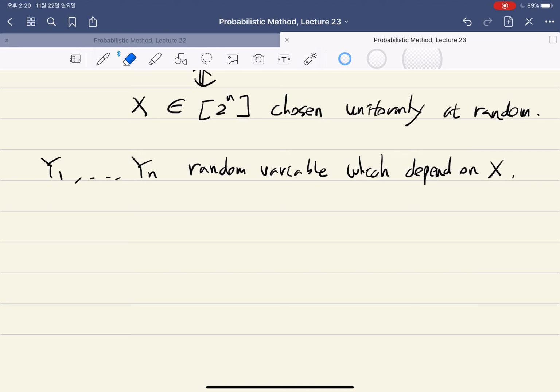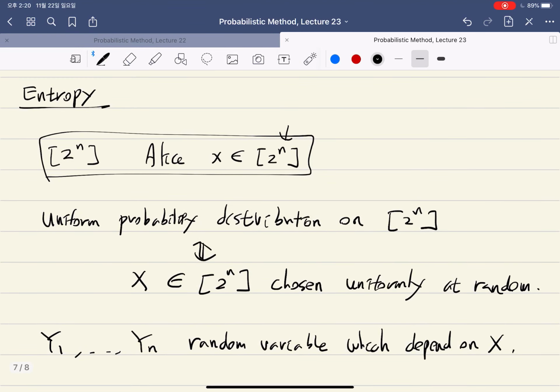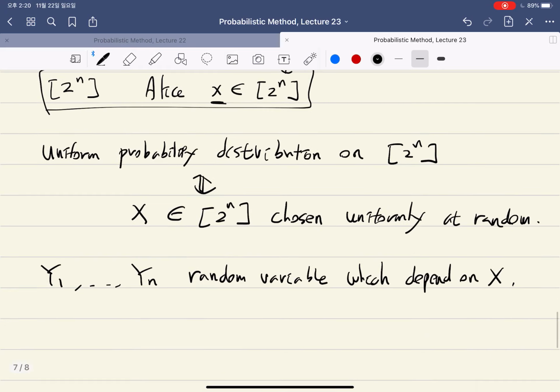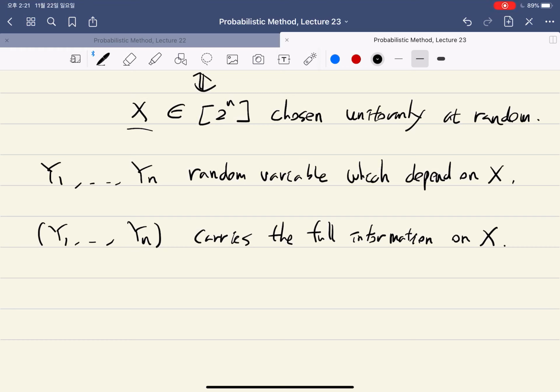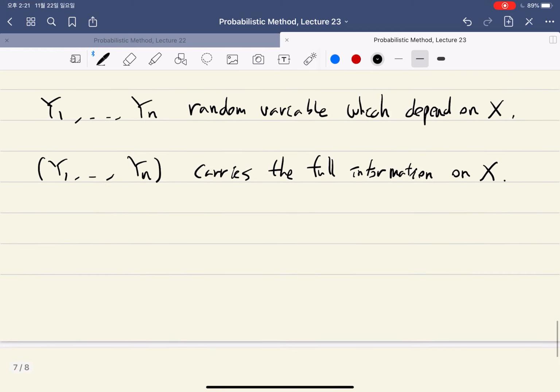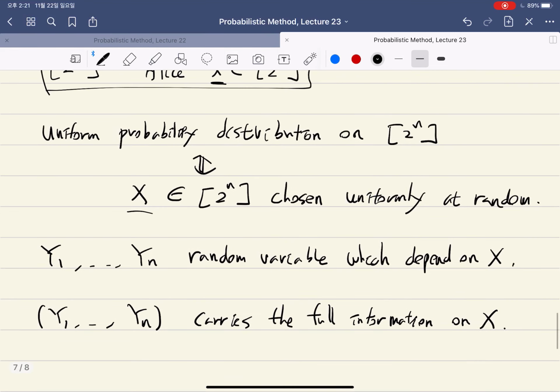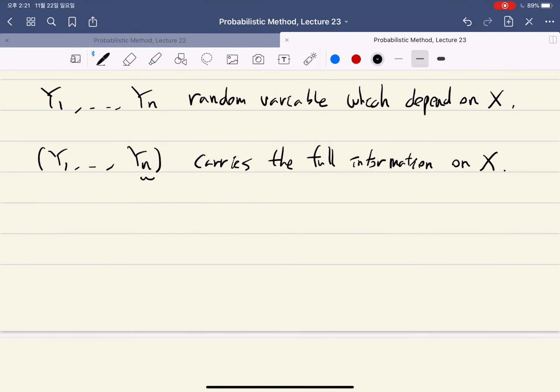And if after n questions Bob can determine x, that means y1 to yn actually carries the full information on x. So it carries enough information to determine x. Then now we can ask what n can be.